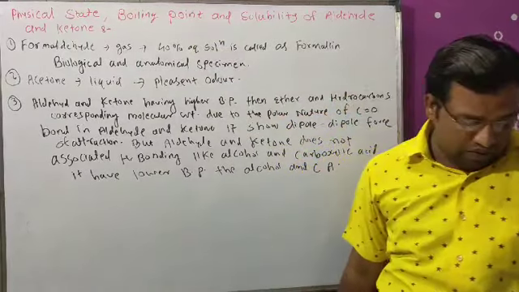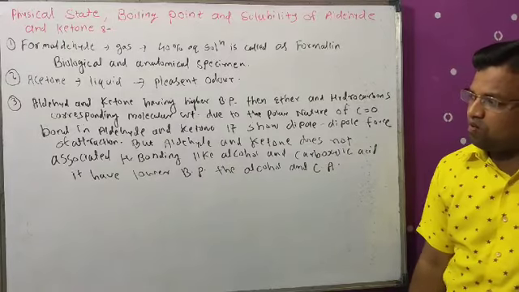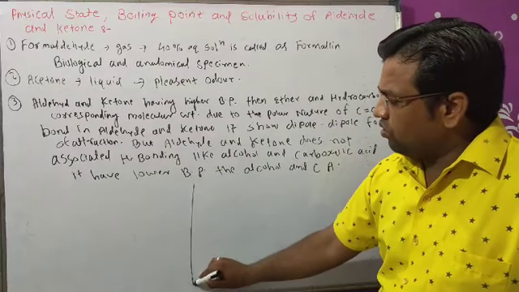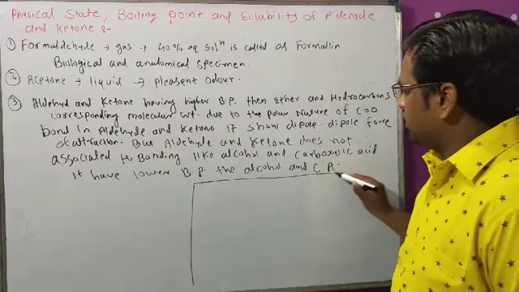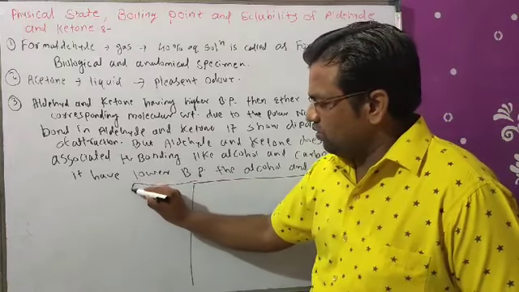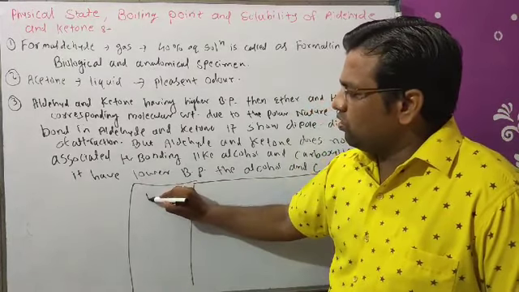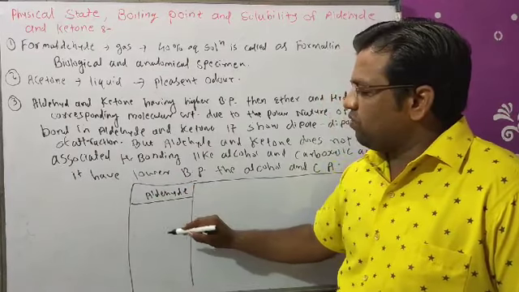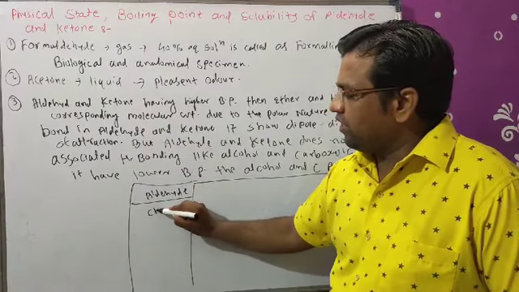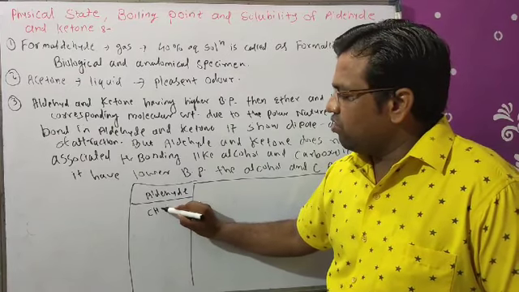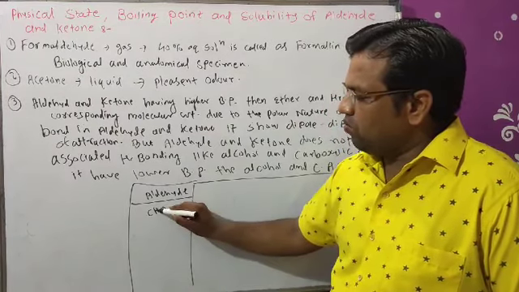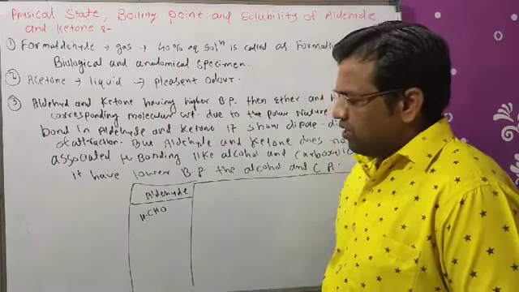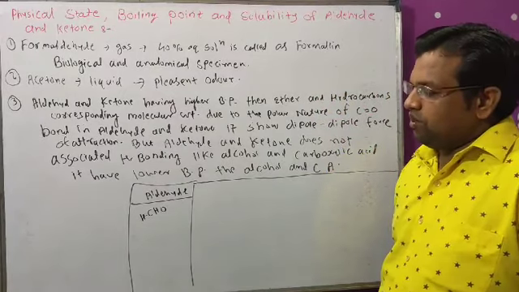Now we see the next point, that is the chart of boiling points of some aldehydes and ketones. Now see here in this chart, first for the aldehydes. In aldehyde, the first compound is methanal, that is HCHO, which we call formaldehyde, also called methanal.